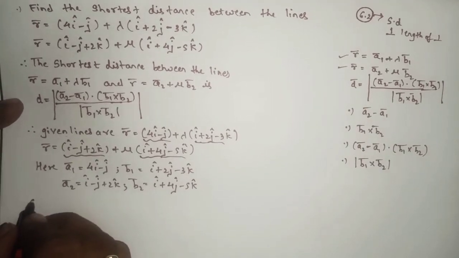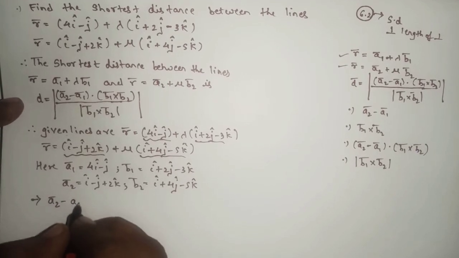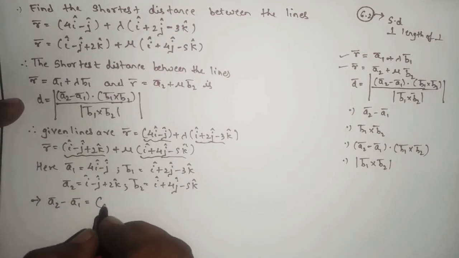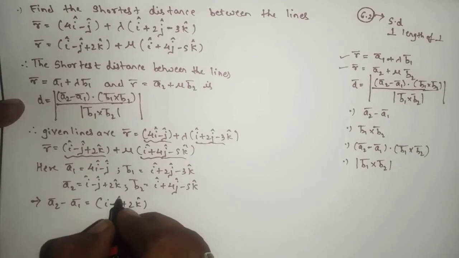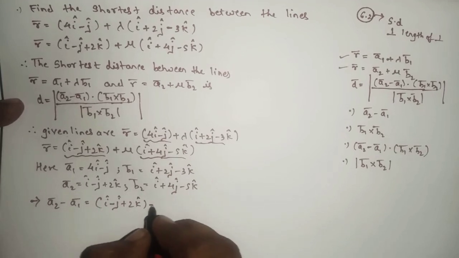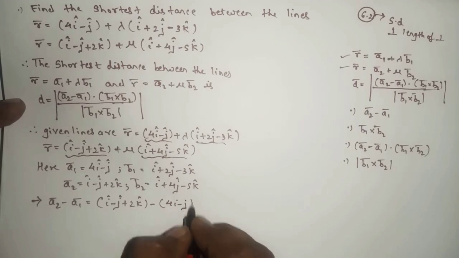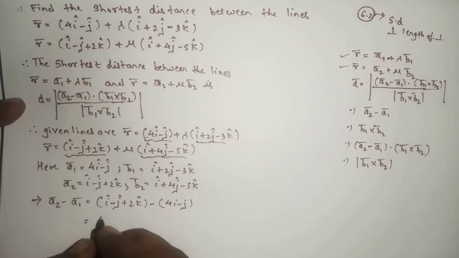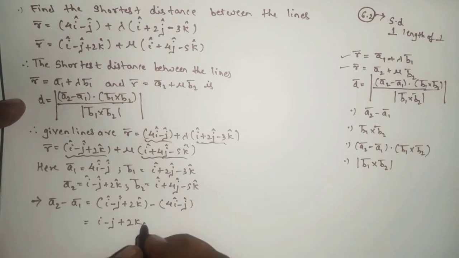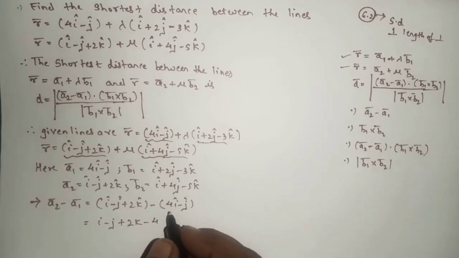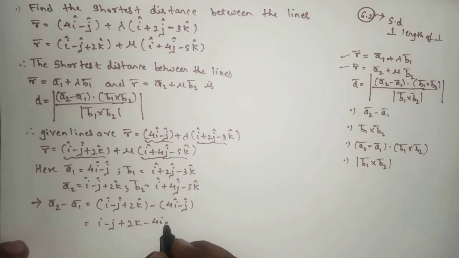So first thing we'll find a2 minus a1. So what is a2? i minus j plus 2k, minus what is a1? It is 4i minus j. So therefore i minus j plus 2k minus bracket open 4i minus j. With this minus we get minus 4i, and minus minus will be plus j.